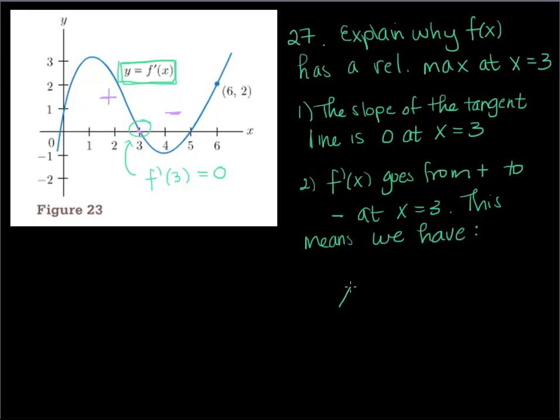That means my function is going to be increasing, then it's going to go to 0, and so then it will be decreasing. And we'll see this later on, that what is a maximum? A maximum has a part that's increasing, and then it turns around and it goes decreasing. So something like this is enough explanation. F prime of x goes from positive to negative at 3. This means we have this, thus it's a maximum.